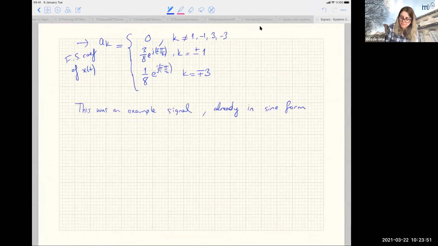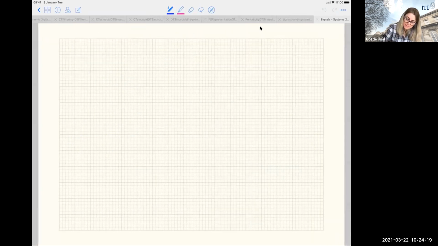Now next, let's just give a waveform of the signal. Let's work on a signal with a given waveform. Let's say, for instance, a square wave. So let's do it on the next page for clarity.